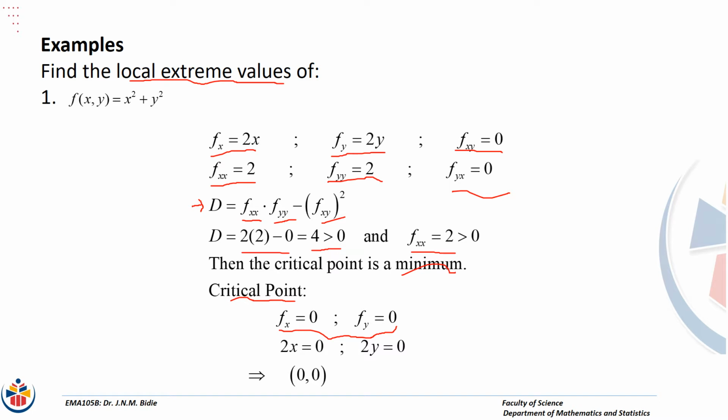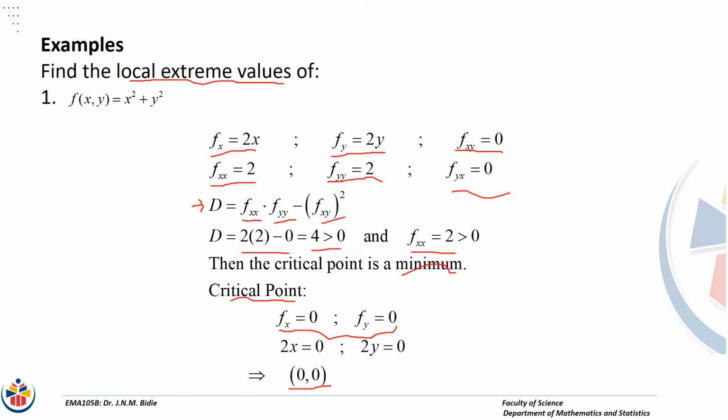Stationary points, turning points, critical points, you all find them using the first derivatives. Both derivatives must be equated to 0, and you solve. And then you'll be able to say your critical point or your turning point or your stationary point is 0, 0 according to this problem.